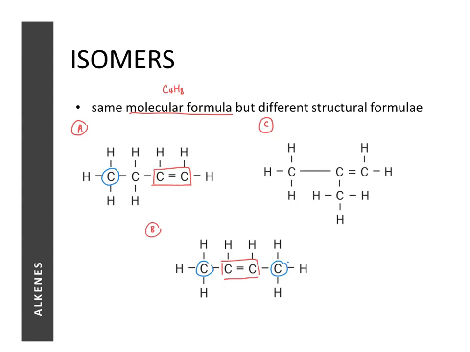Now, how do we distinguish between structure A and B? We have learned that an alkene with 4 carbon atoms is called butene. So structure A is actually called but-1-ene. Structure B is actually called but-2-ene.